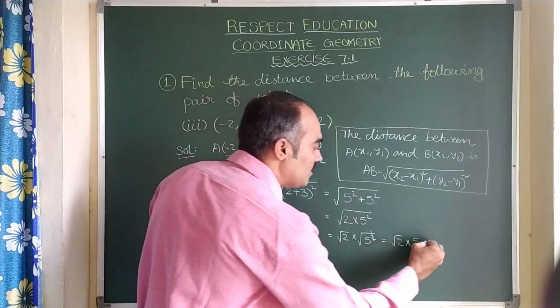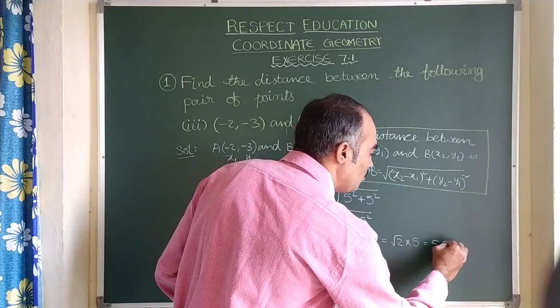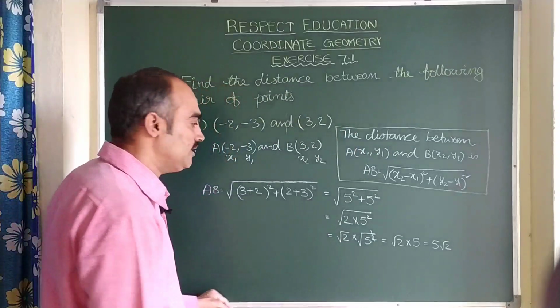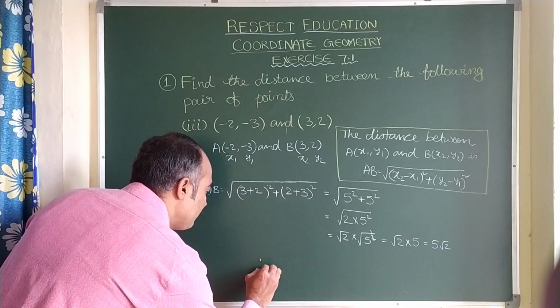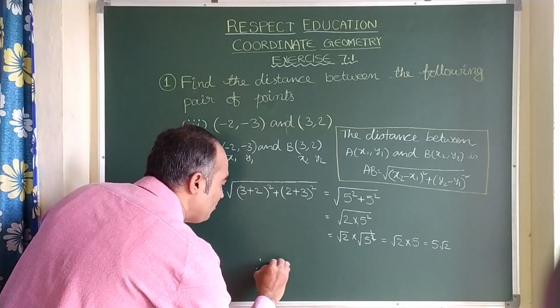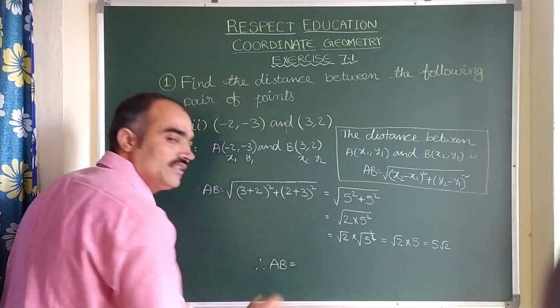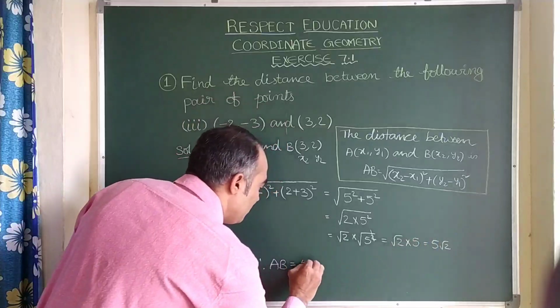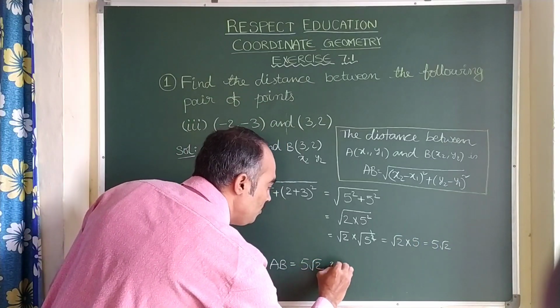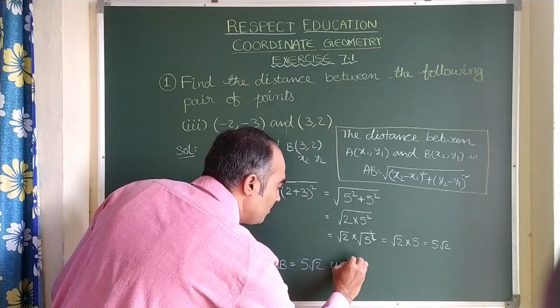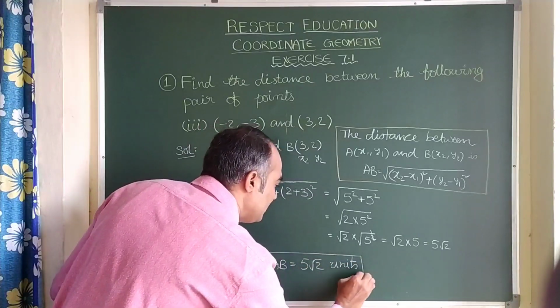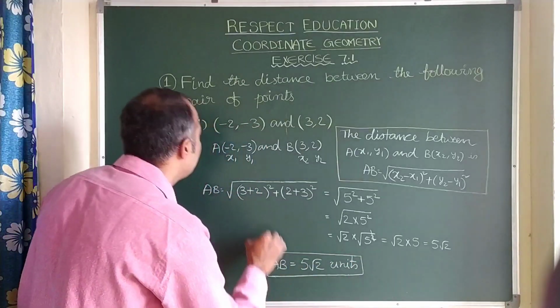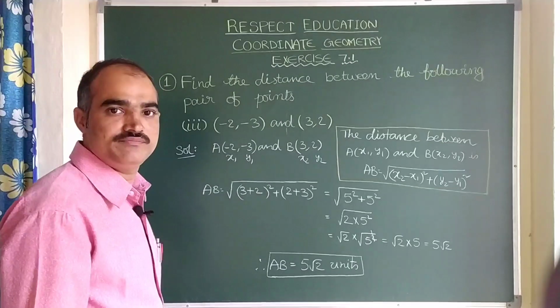Let us write 5 first. So it is 5 root 2. Right? Therefore, the distance between the given points AB is 5 root 2 units, which is the final answer for the third bit.